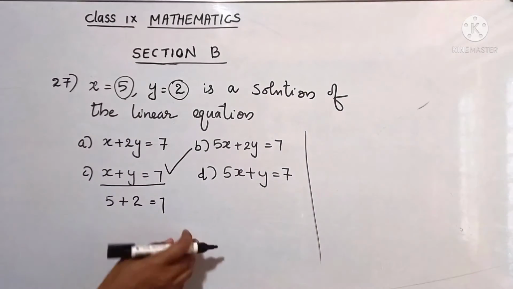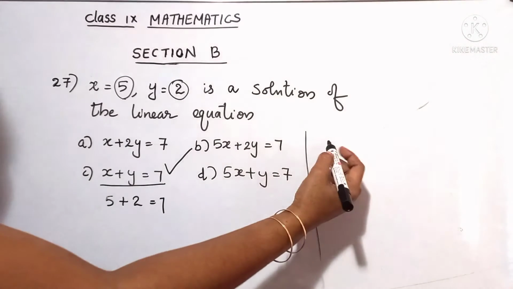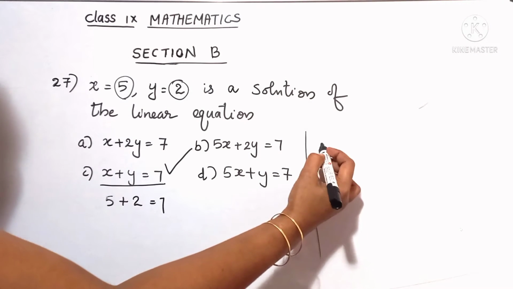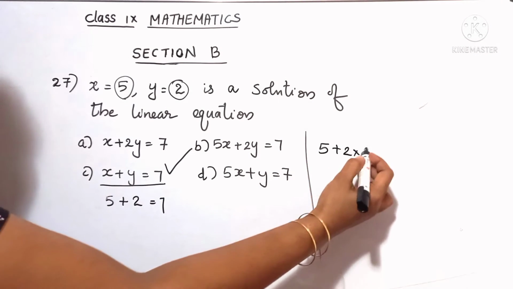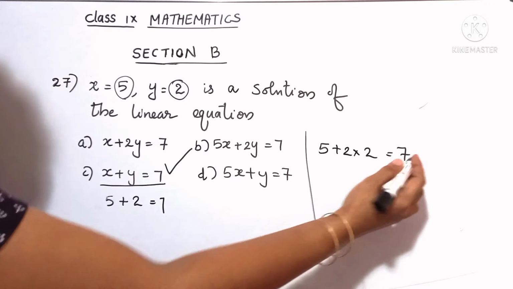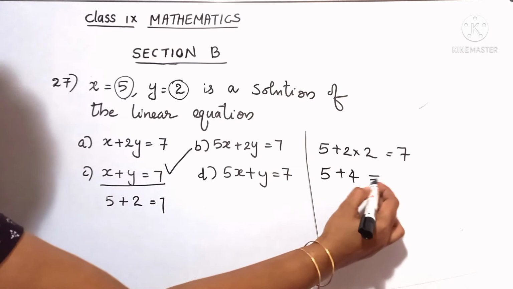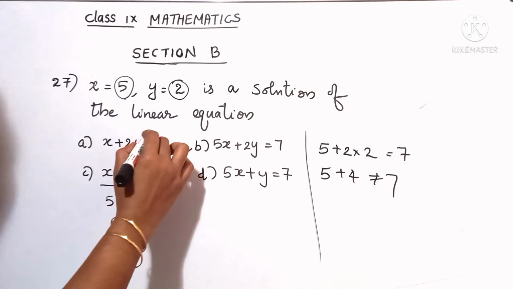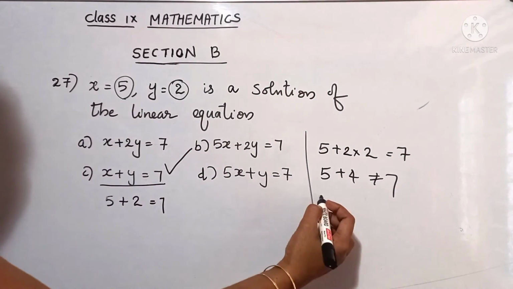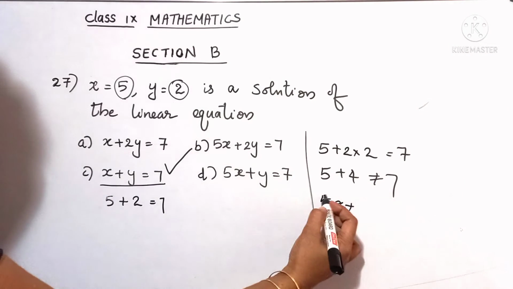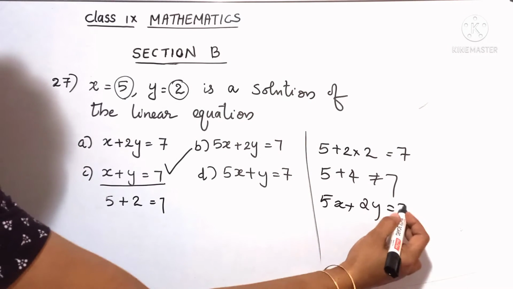If we are not getting it like this way, we have to do it this way. x plus 2y, x is 5, 2 into 2, equal to 7. Whether the equation is satisfying or not. 5 plus 4 is not equal to 7. So we cannot select this option A. And the second one, 5x plus 2y equal to 7.